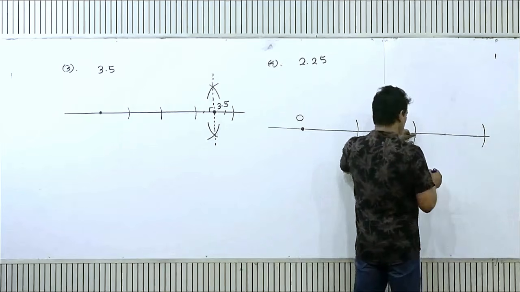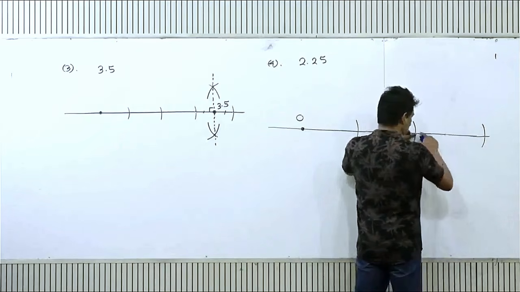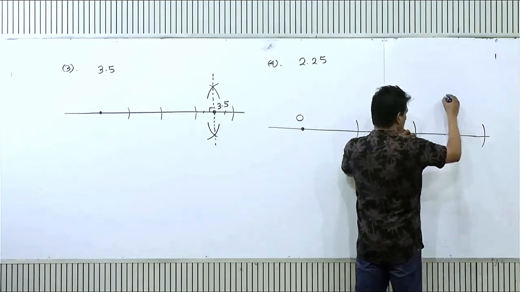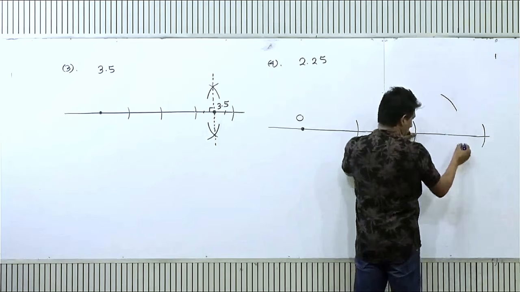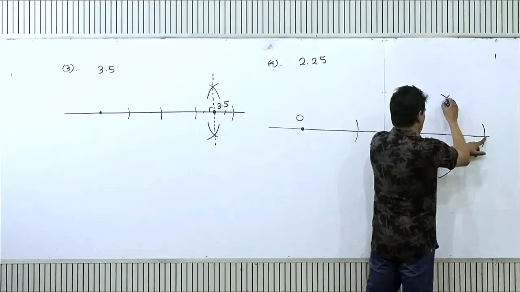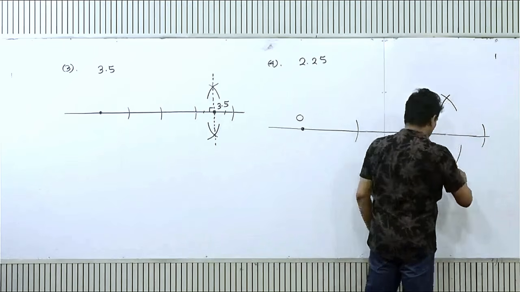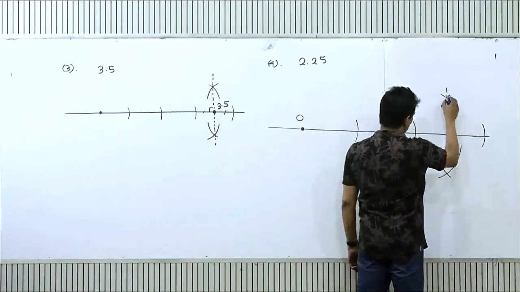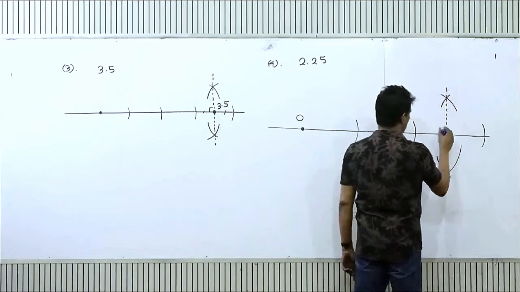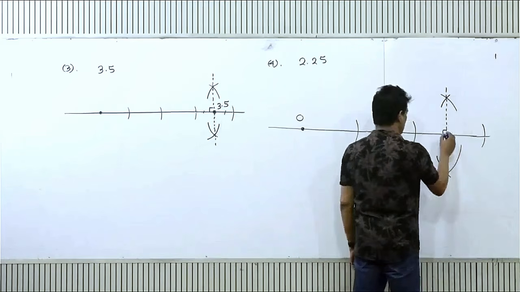You put the compass here and take more than half of the distance, and draw an arc here. Then without changing, you put the end here. This is the midpoint.